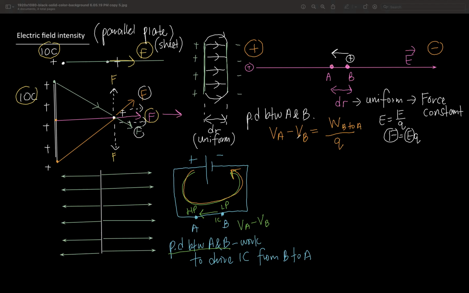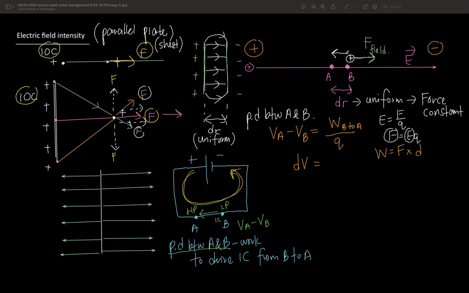Now here, VA minus VB, I'll just write it as dV, the change in V, equals the work done, which equals force times distance. The force of the electric field is acting to the right. This is the field force, and this is our test charge. The force is in the same direction as the electric field.